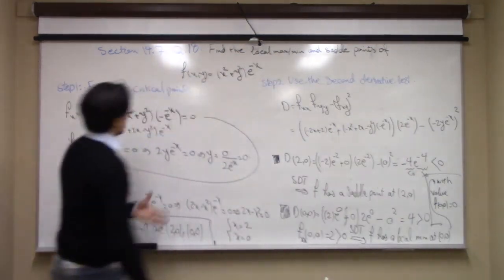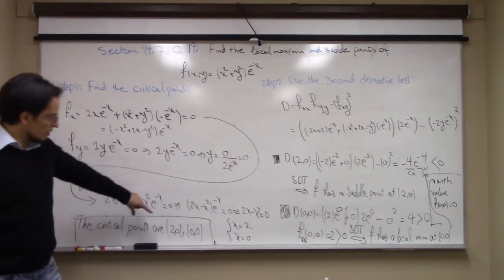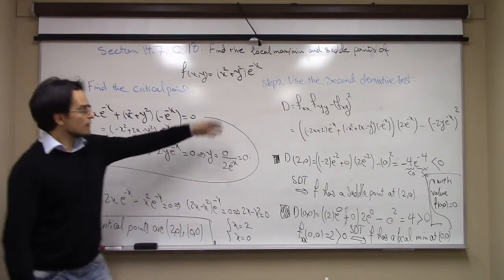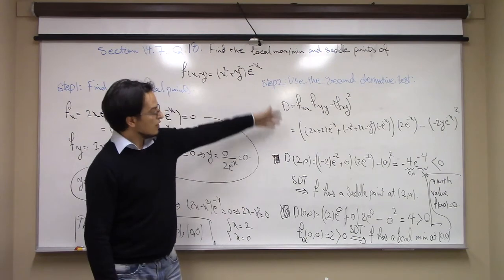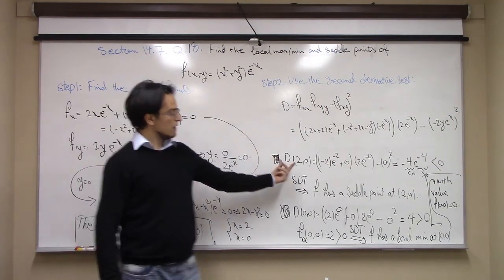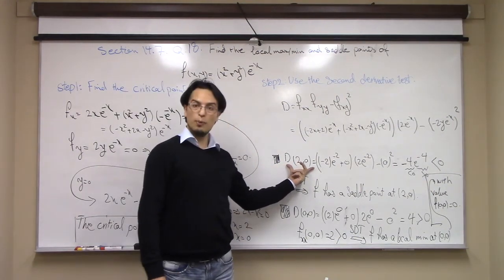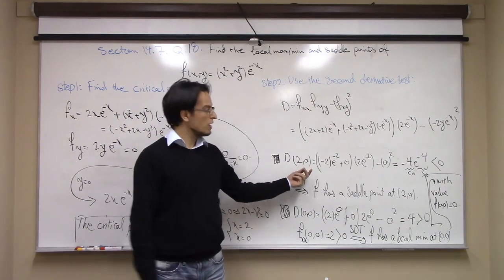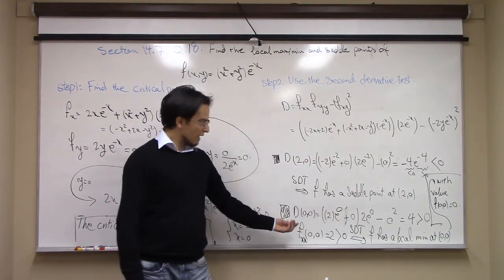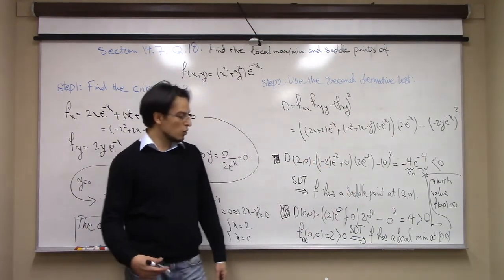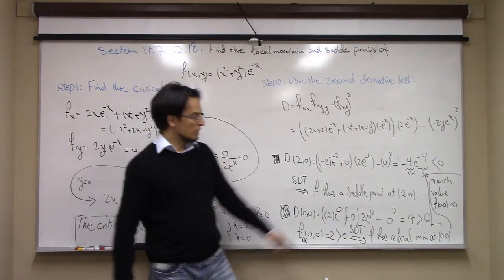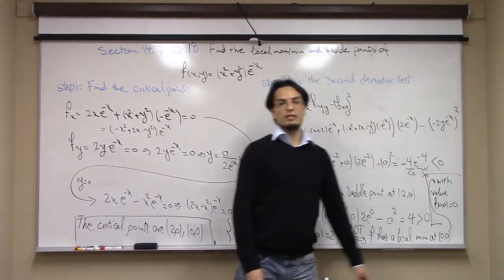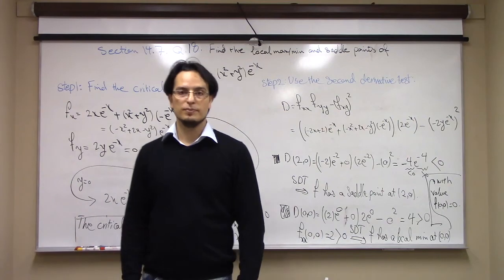So we found the critical points. There were 2 critical points. We used the second derivative test. The second derivative test gave us that the point (2, 0) is a saddle point, and the point (0, 0) is a local minimum, with the value of the function at that point equal to 0. Thank you for your attention.